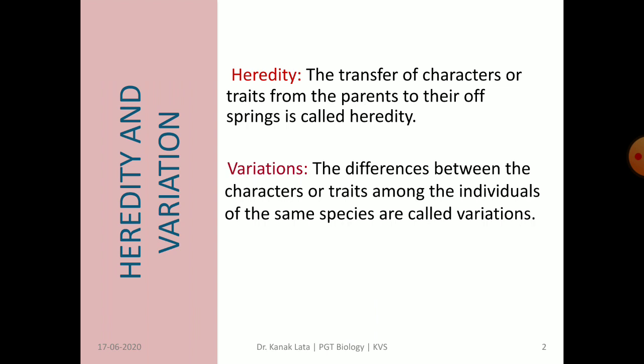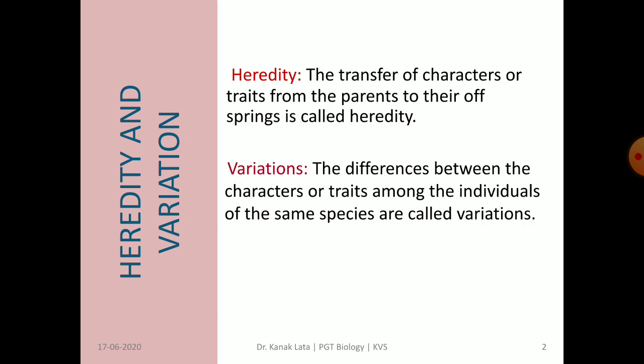Variation is the differences between the characters or traits among the individuals of the same species. You might have seen variation in your classroom among your friends. Variation may be seen in your home, also among your siblings if they are not identical twins.